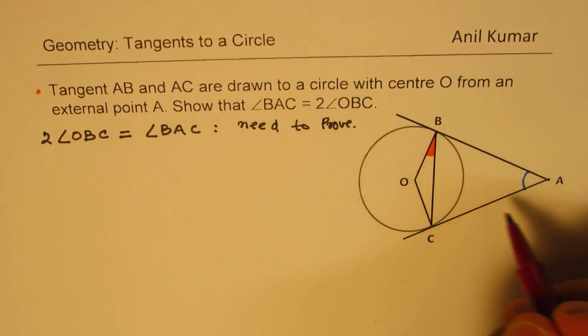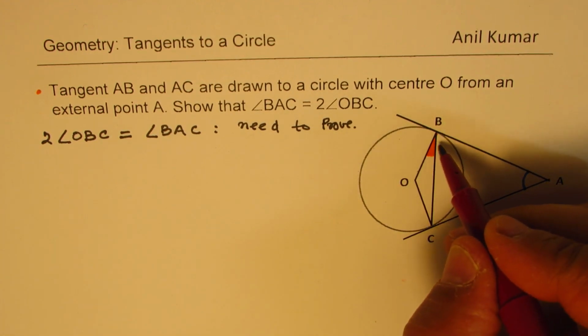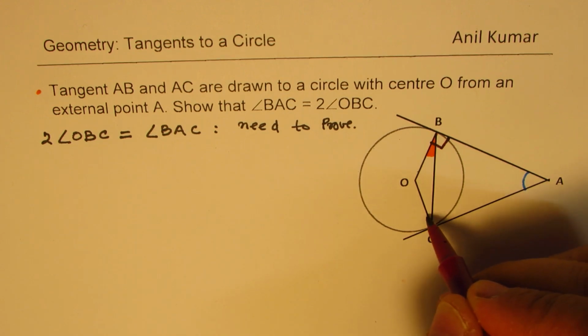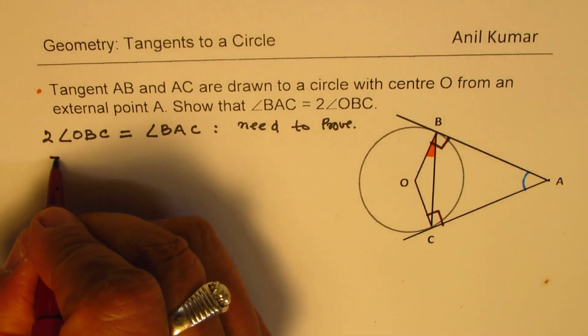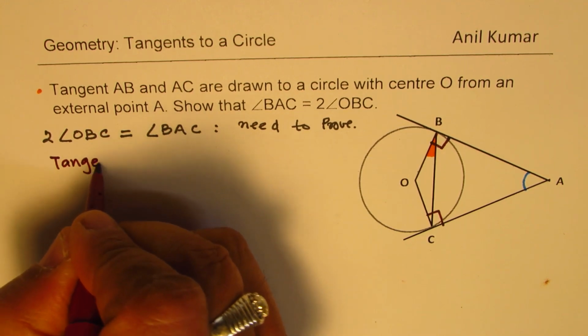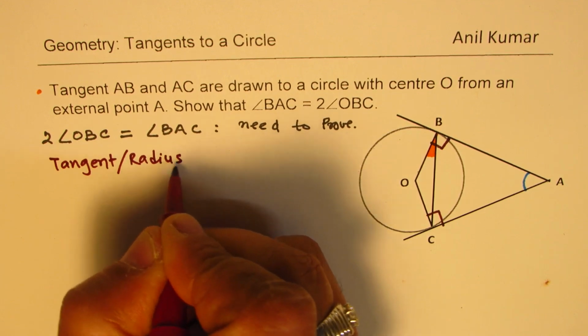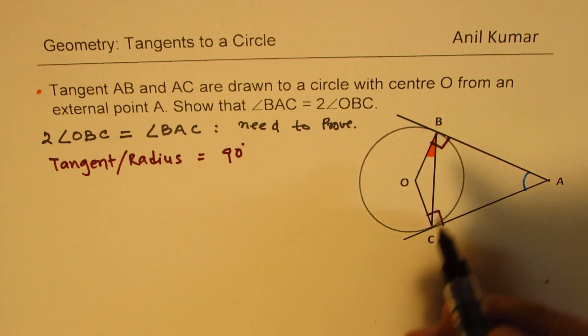Now, there are a couple of important things which we'll get from here. One of them is this. As you note, this angle is 90 degrees, correct? These two angles are 90 degrees, right? So these are angles between the tangent and the radius. Both these angles are 90 degrees. That means what?